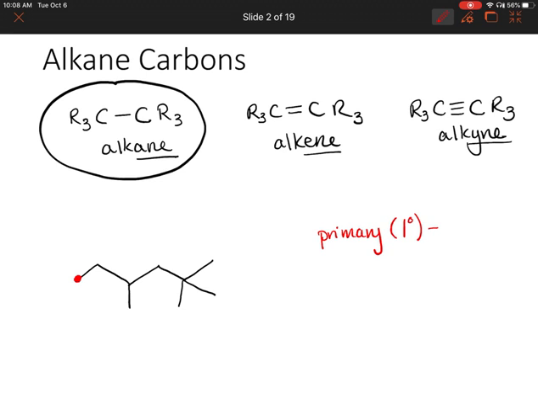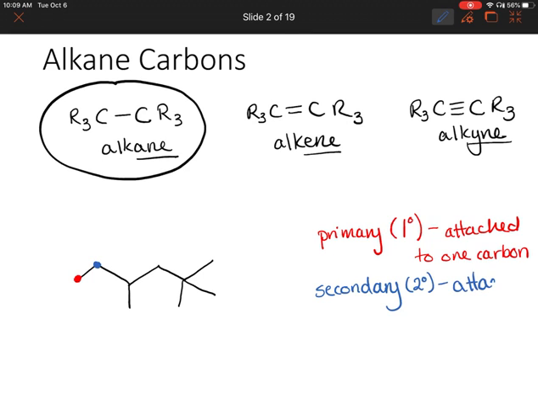So again, this indicates that the carbon is attached to only one other carbon. And then the carbon next to that, in blue, is bonded to 2 carbons and 2 hydrogens. But again, we're not showing the hydrogens since it's a bond line structure. So this carbon would be considered a secondary carbon because it is bonded to 2 carbons.